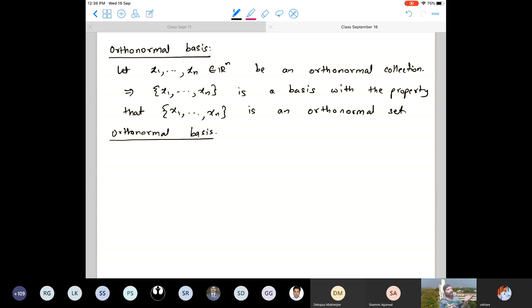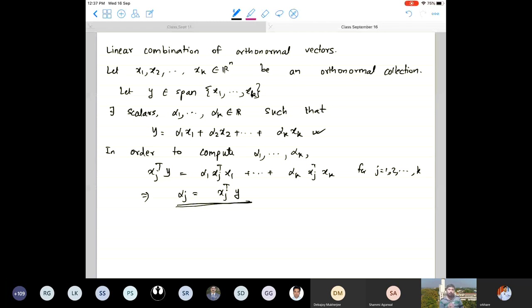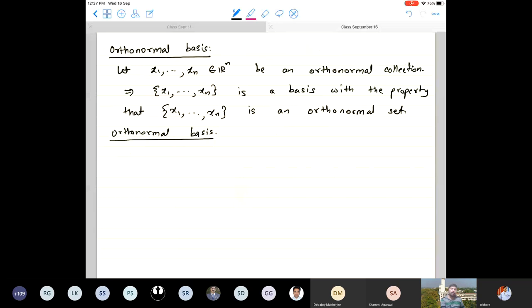Because now when you want to write any vector in Rn as a linear combination of these orthonormal vectors, it's very easy to find the coefficients in the expansion. So in the orthonormal basis expansion, the coefficients are given very easily. And once you have those coefficients, your job is done, right? That's why this orthonormal basis is really very important.